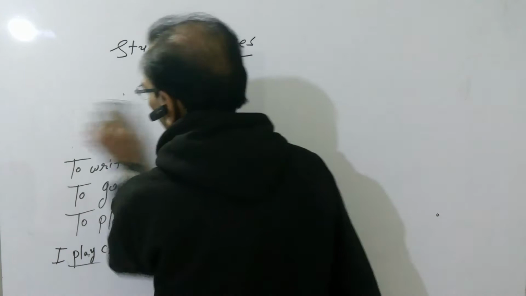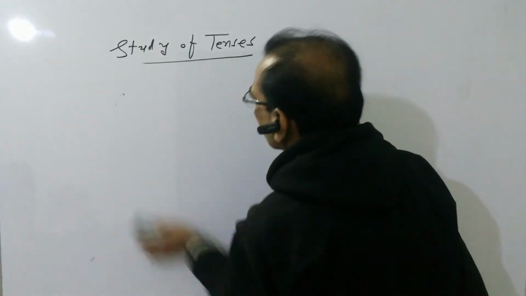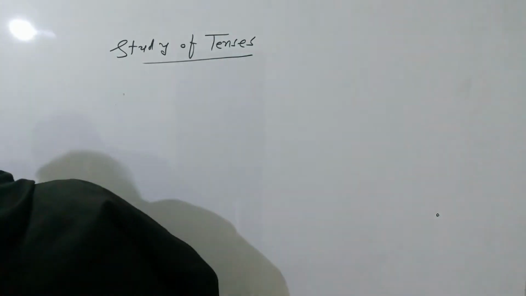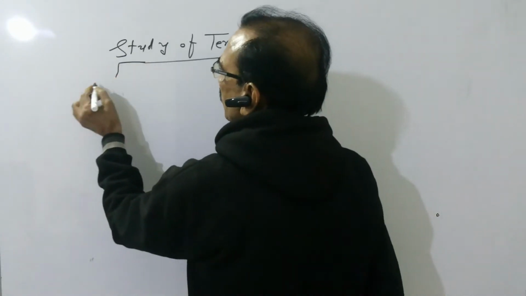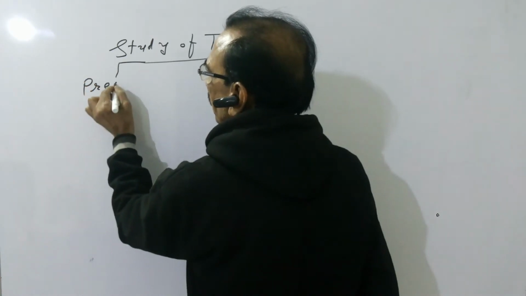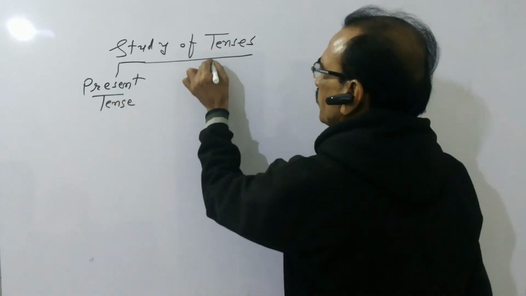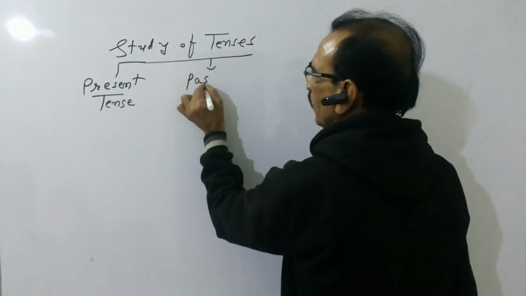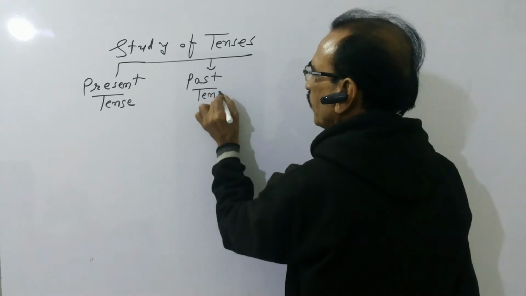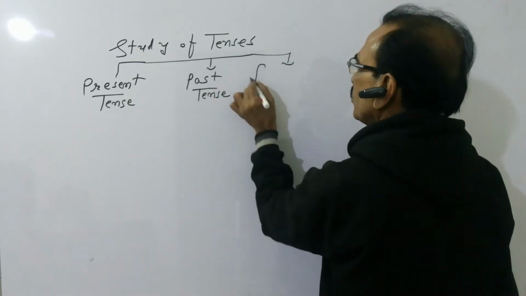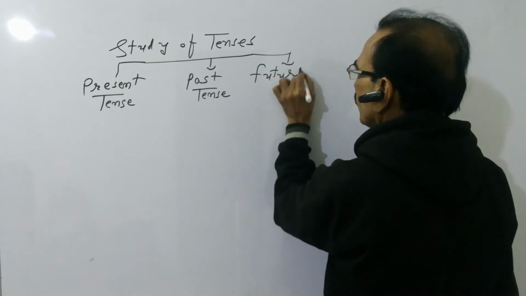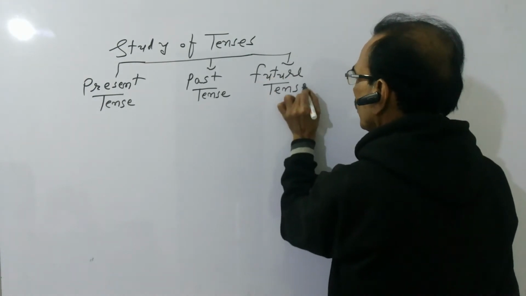Now the main important thing is the study of tenses. In the English language, friends, there are three tenses: present tense, past tense, and future tense. All these three main tenses have four kinds of tenses.